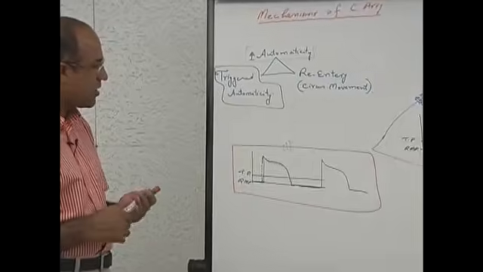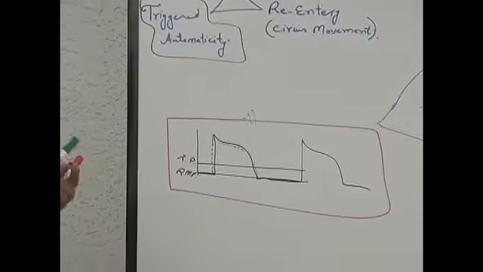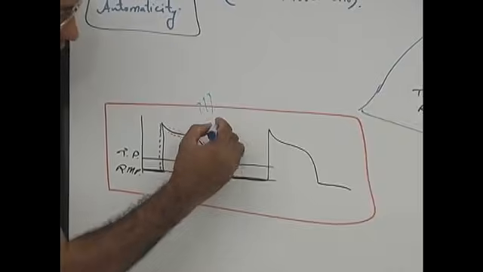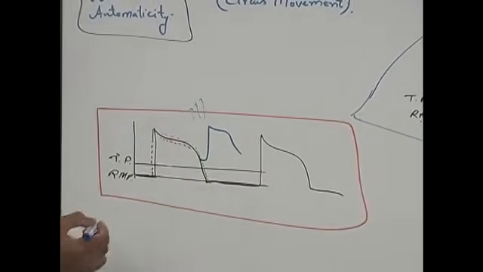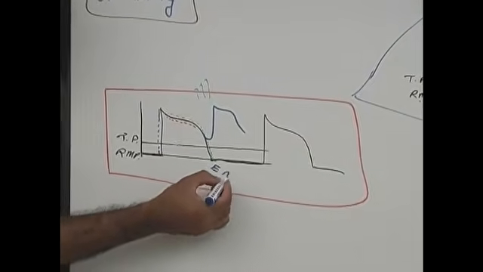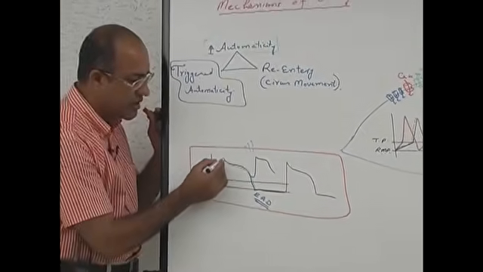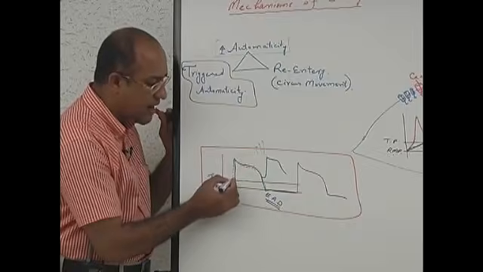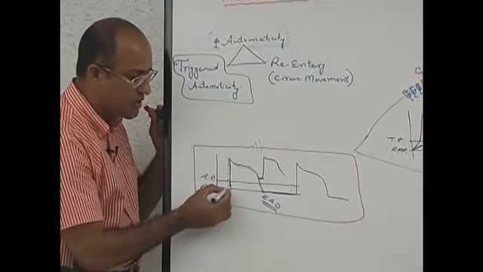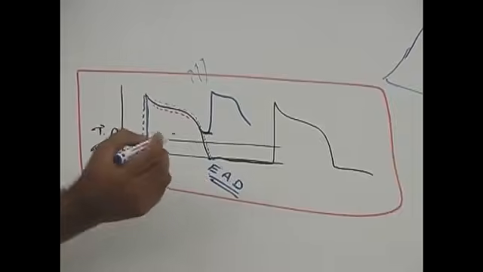Now, sometimes ventricular arrhythmias may be produced due to the fact that from here a new action potential takes off. And if the action potential takes off at a very early time, this is called early afterdepolarization, because this was the original depolarization, and this triggered depolarization has started after the original depolarization, but at a very early time, so we call it early afterdepolarization.